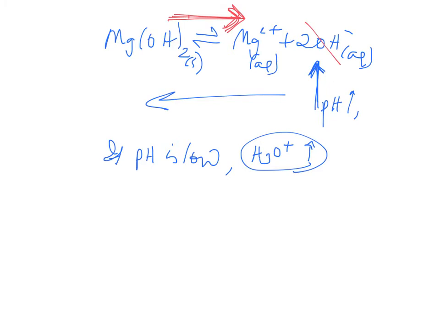All of these are basically driving the equilibrium along the directions. The general idea being that if you have a basic anion, then the solubility is going to be more if the pH is going to go down, so if the hydronium ions are there.